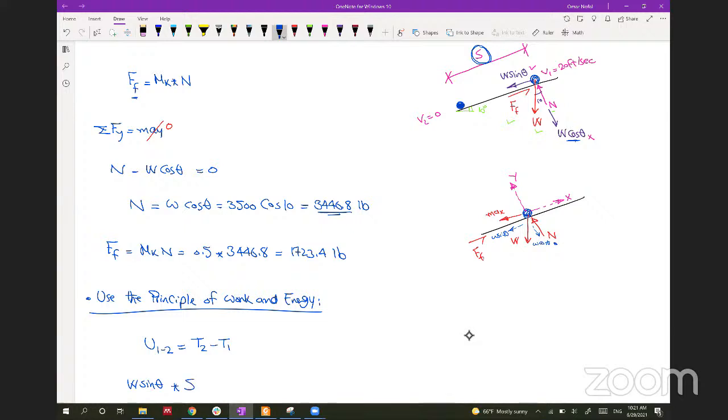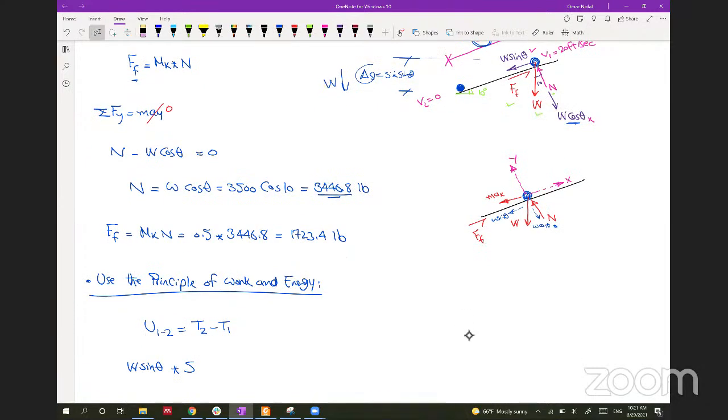Or you get the vertical delta S, which will be equal to S sine theta, and multiply it by the total weight. So either S multiplied by sine theta and multiplied by all the weight, but what I did, I took all the W sine theta in the direction of S and multiplied by S. So this is the first component.